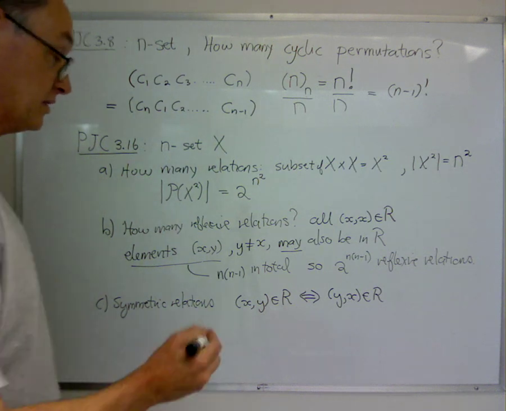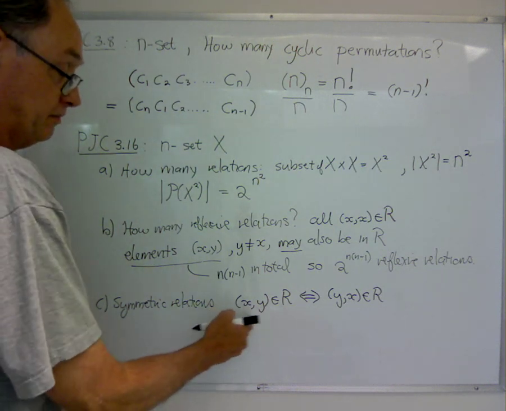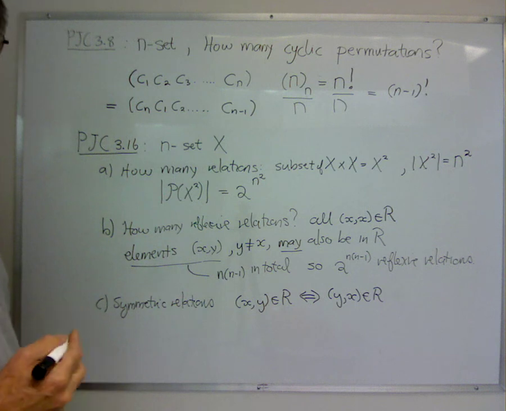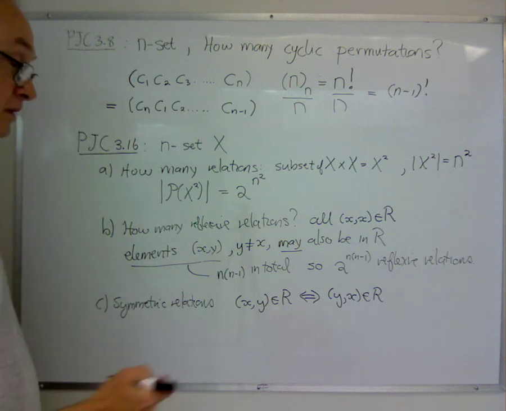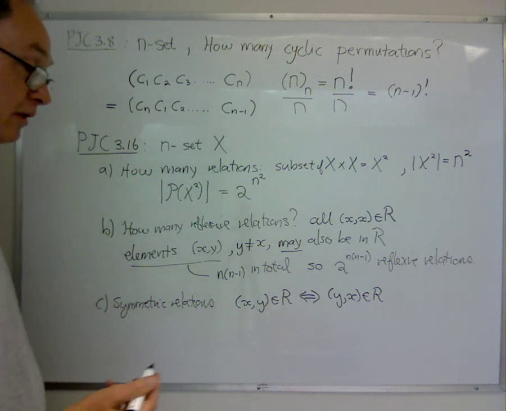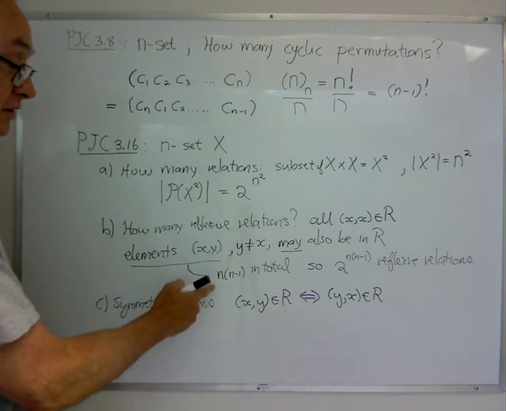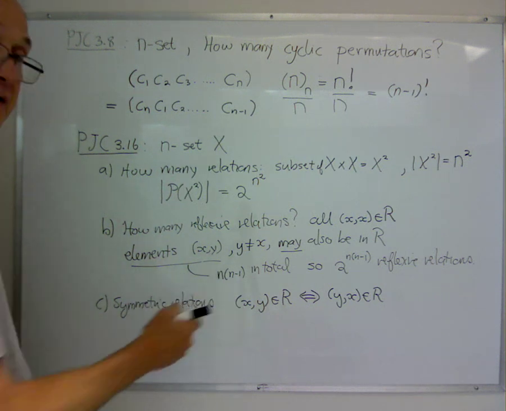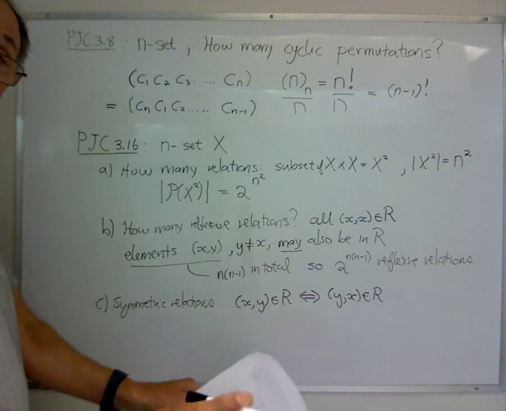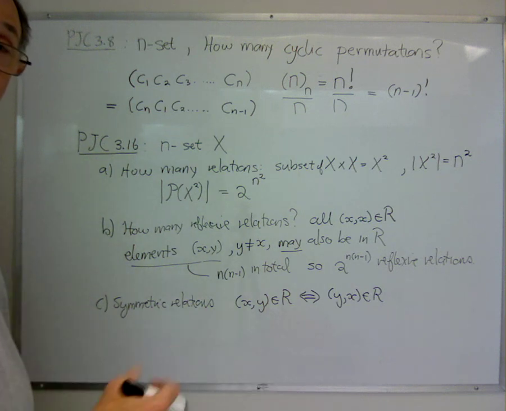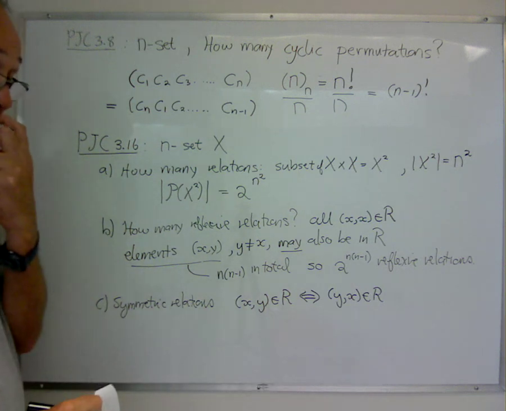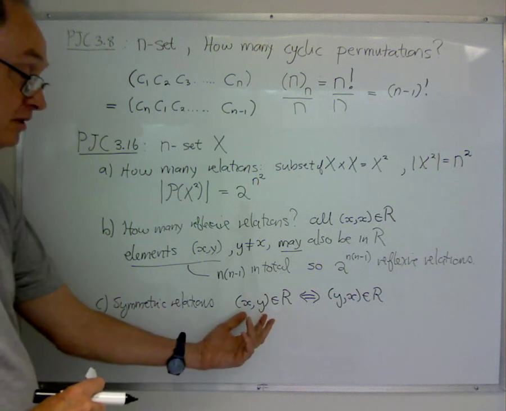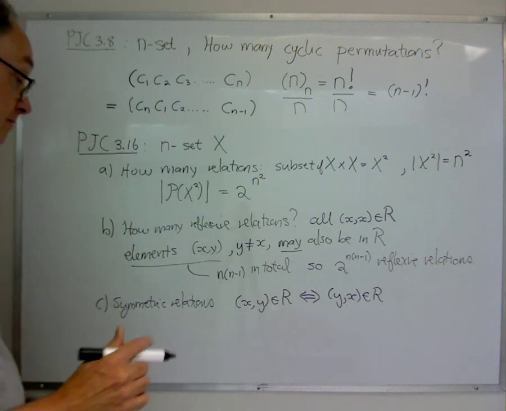So you essentially have to look at pairs like this, and they have to be unordered, right? So how many unordered pairs are there? One way you can get them is, you notice there's this number of these pairs, but they are equivalent in twos. And so you have to divide by 2 to get the unordered association between x and y.